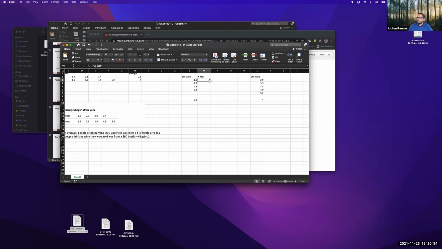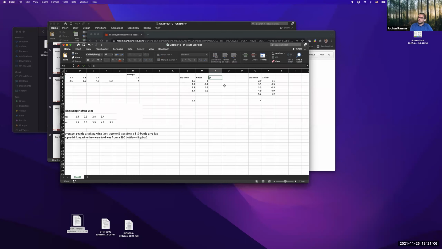Now we can propagate this all the way down. Now we're bringing it over to our second column. We need to change not only L to Q, but also the average calculation to the one for the $90 wine. Now we get our deviations calculated.